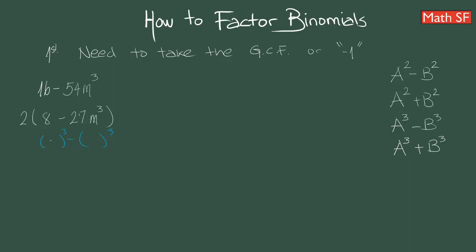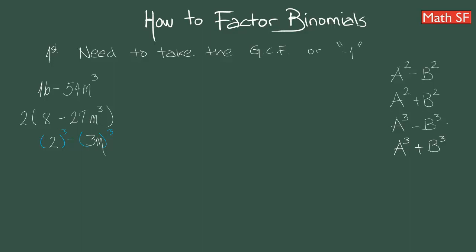I think it will be a 2. 2 cubed will give you 8, right? So for the m cubed, it has to be an m. Now for the 27, what number cubed gives you 27? 3. Yeah, 3. So then this can be a difference of cubes.